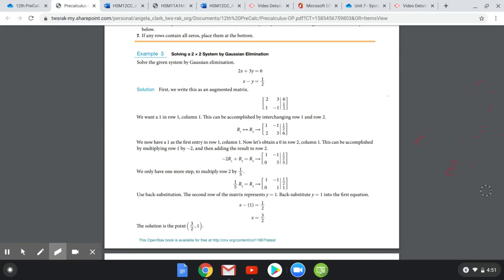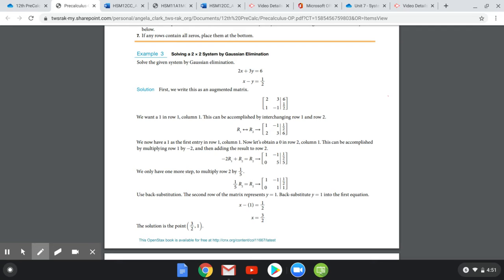To actually do Gaussian elimination, there are certain things that we're allowed to do to get that form. And they're the same things that we're allowed to do to a regular equation, right? I can multiply a row by a number, I can add rows together, and I can switch rows. So I can switch the order.